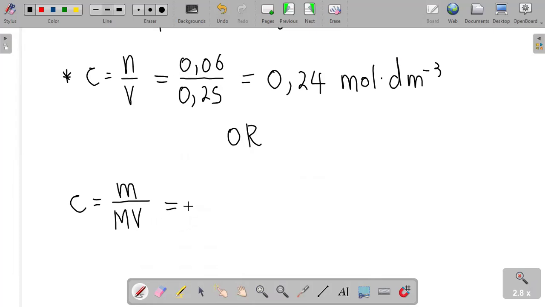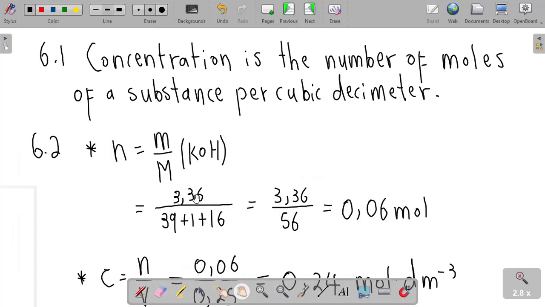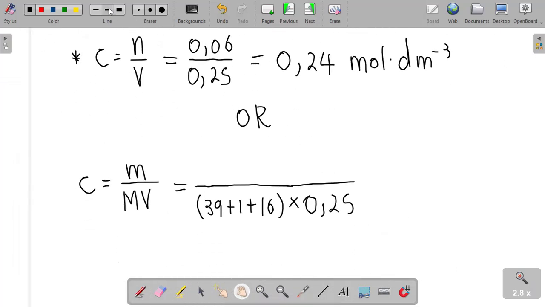So again, the capital letter here, we have to add 39 plus 1 plus 16. And then the volume here is 0.25. And then the mass is the one that we used before, 3.36 from here. So then we can come here and say 3.36.